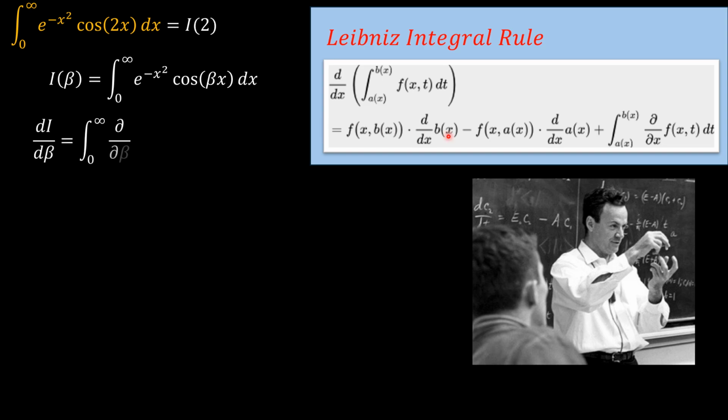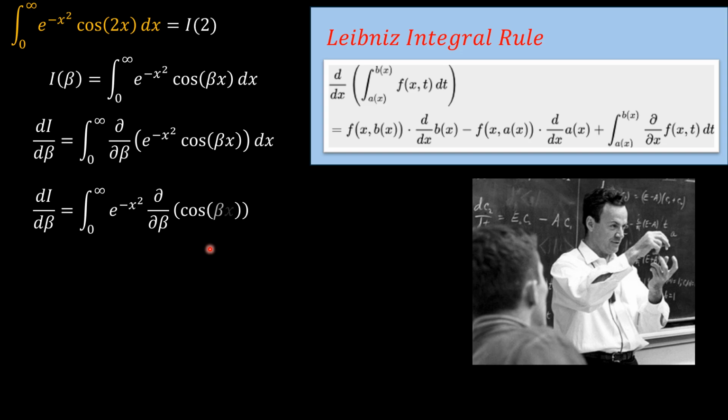Since 0 and infinity are constants, this is the same as the integral of the partial derivative of e to the power negative x squared cosine beta x with respect to beta. Since e to the power negative x squared has no beta term, it's the same as the integral from x equals 0 to infinity of e to the power negative x squared times the partial derivative with respect to beta of cosine beta x. That derivative is negative x sine beta x.